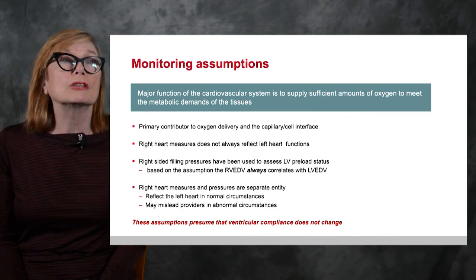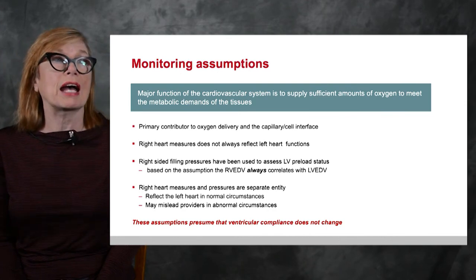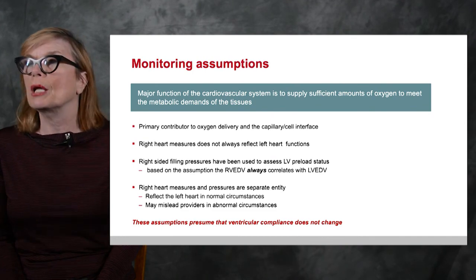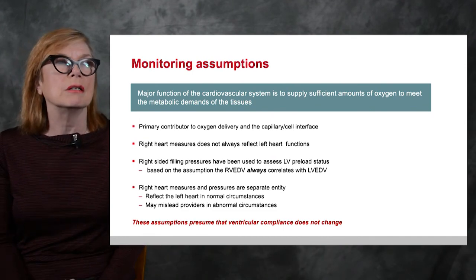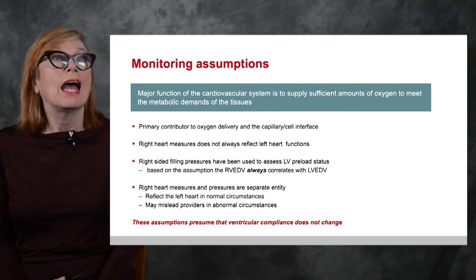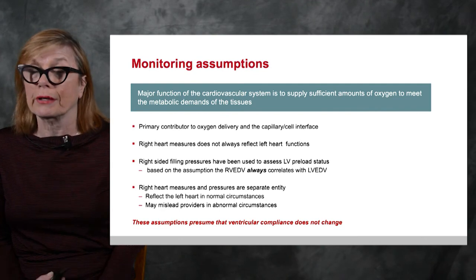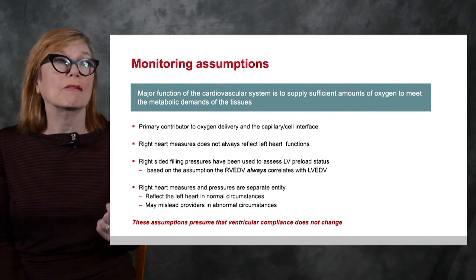So we must remind ourselves that the major function of the cardiovascular system is to supply sufficient amounts of oxygen to meet the metabolic demands of the heart, of the tissues, and that the primary contributor to oxygen delivery in the cellular capillary interface is cardiac function.